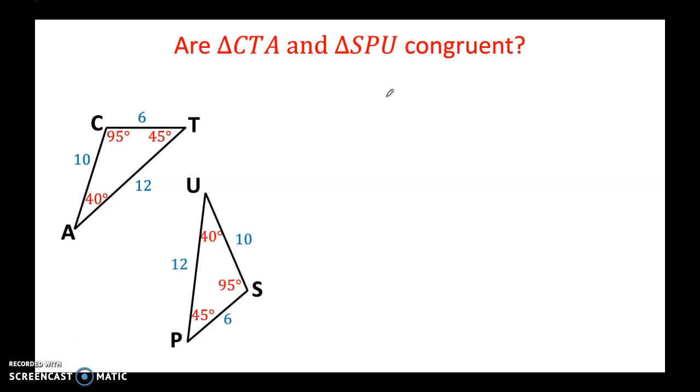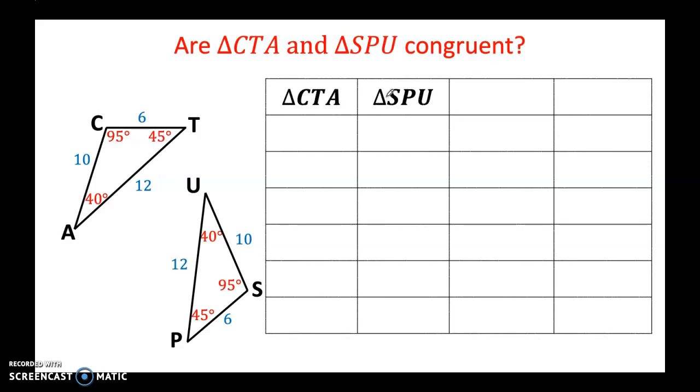We can determine that if the corresponding parts of the given triangles are congruent. So let's have triangle CTA and triangle SPU. The measure of angle C is 95 degrees and the measure of angle S is 95 degrees.